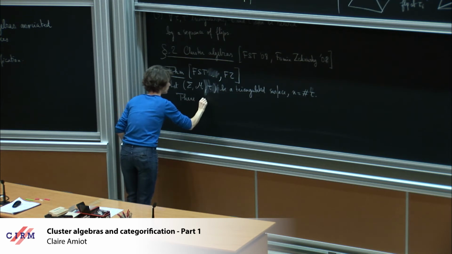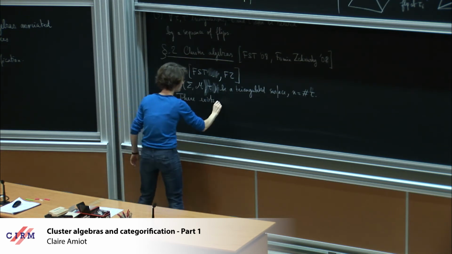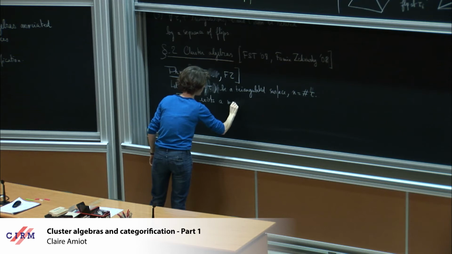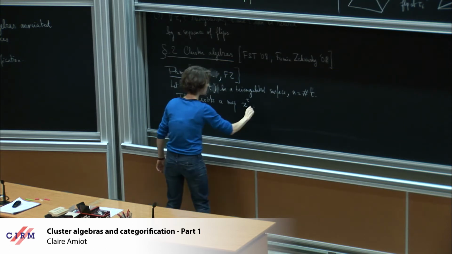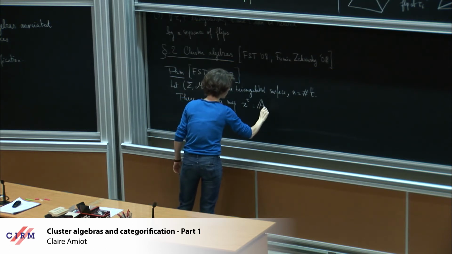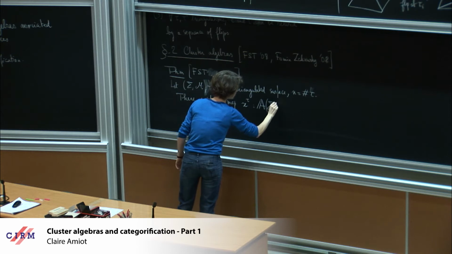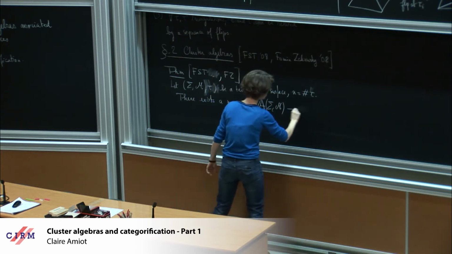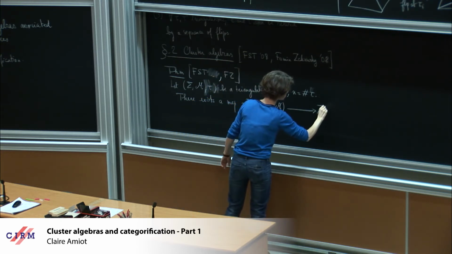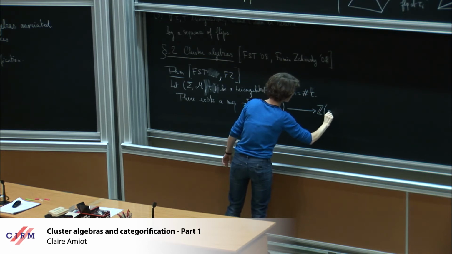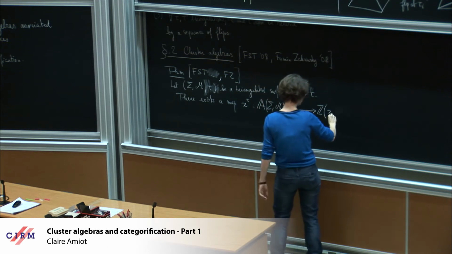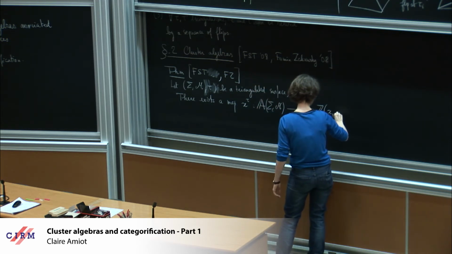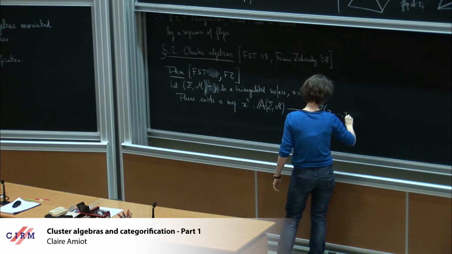There exists a map that I will denote by x tau from the set of arcs to the field of rational functions in n variables.